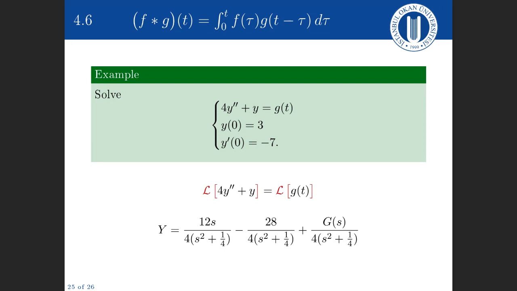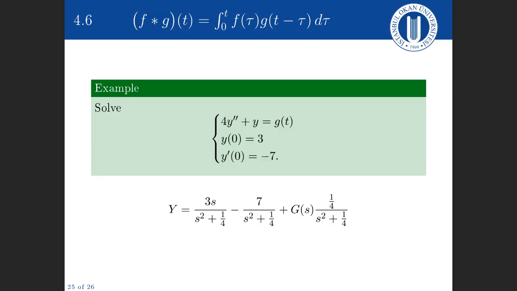Let's simplify this a little bit. 12 divided by 4 is just 3. 28 divided by 4 is just 7. And in the final bracket, look, I have a quarter on the top and I have a quarter on the bottom. The thing on the top should be the square root of the thing on the bottom.